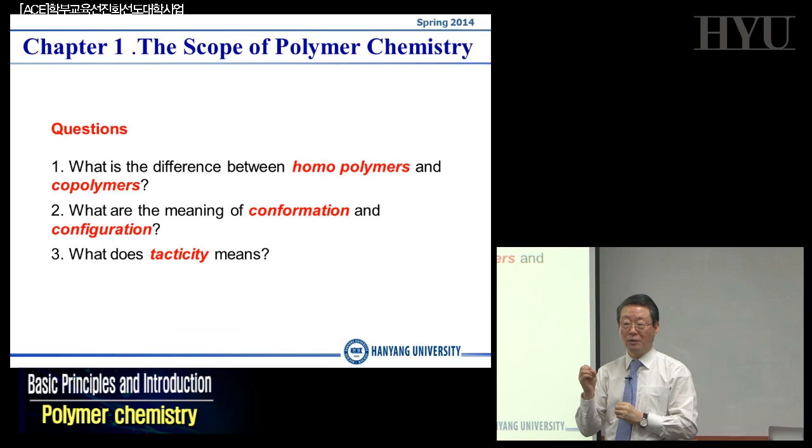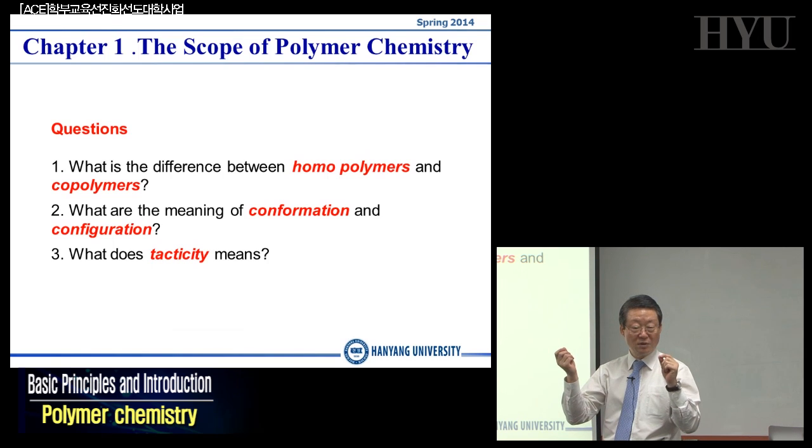this homopolymer is made of just one monomer. Okay. If you use two monomers, and these two monomers become a polymer, then we will not call this a homopolymer, we will call this a copolymer.